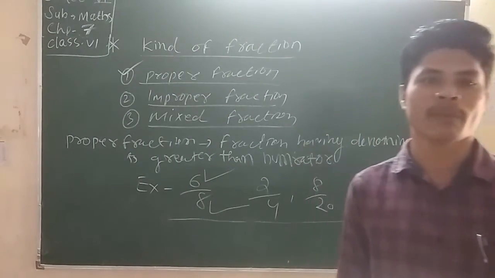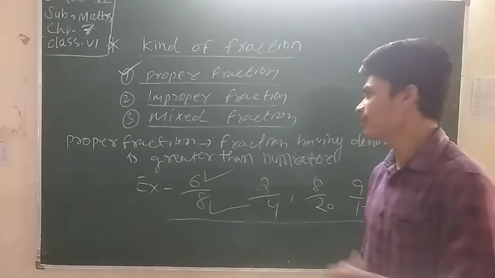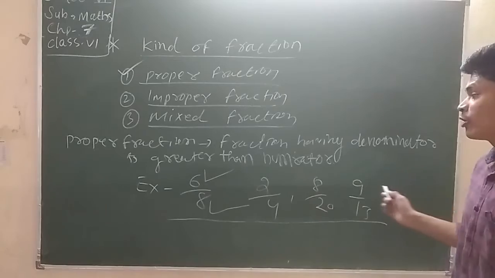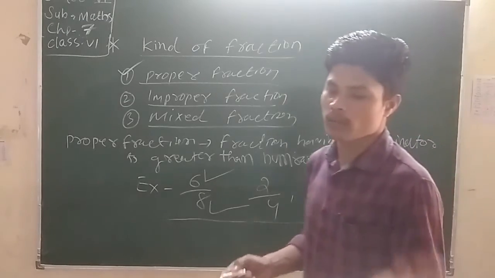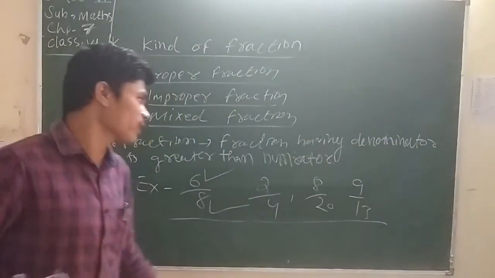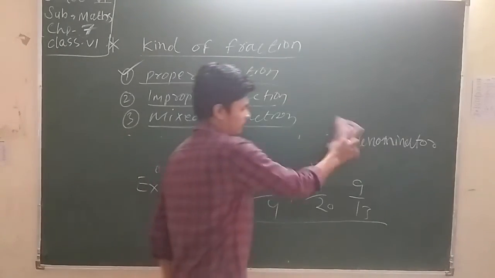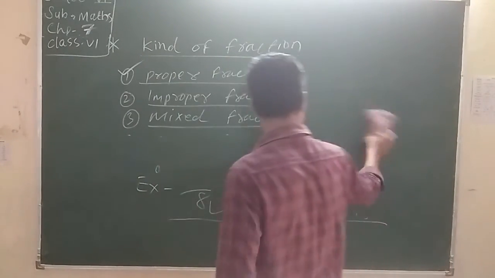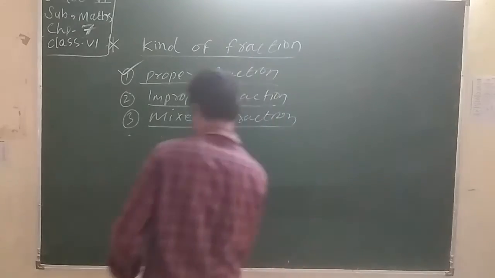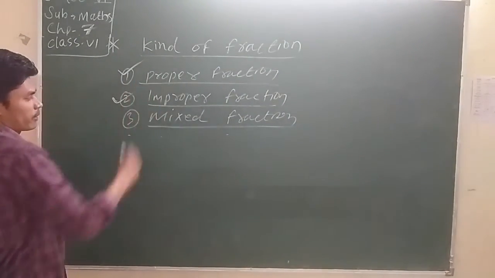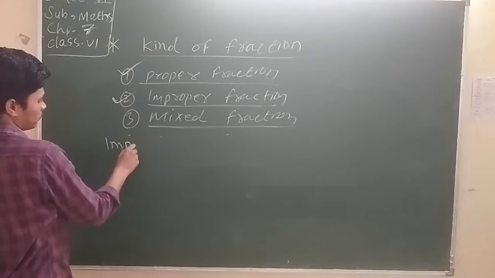Just the opposite of a proper fraction is called an improper fraction. That means a fraction having a denominator less than the numerator is called an improper fraction. Now we discuss the improper fraction.